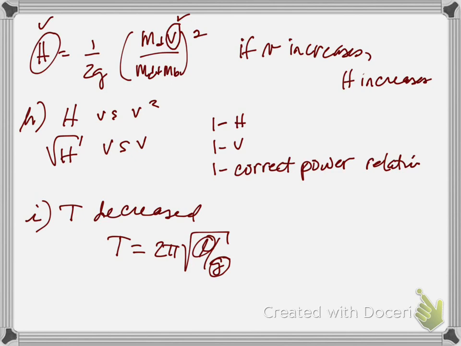Now let's be clear: in order for the period to decrease, the length of the string should also decrease. So we get 1 point for recognizing that the period got shorter, 1 point for saying that the only thing that determines the period of a pendulum is the length of that string, and 1 point for saying the length must be shorter. So that's the first FRQ from assignment 10.